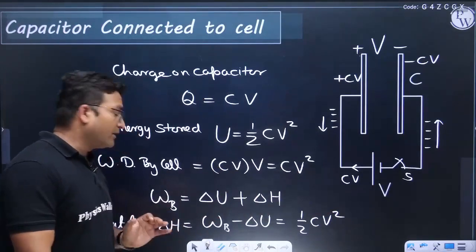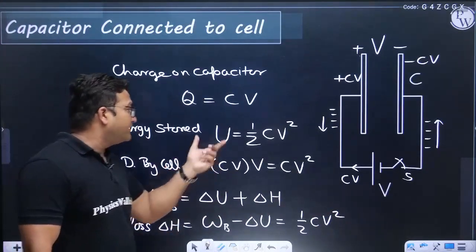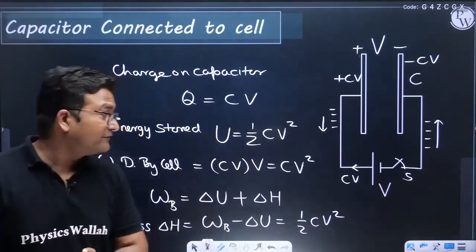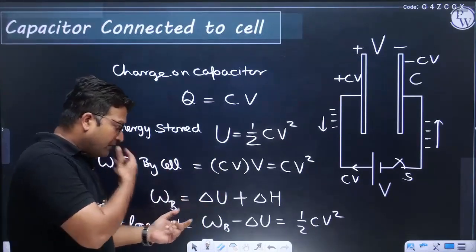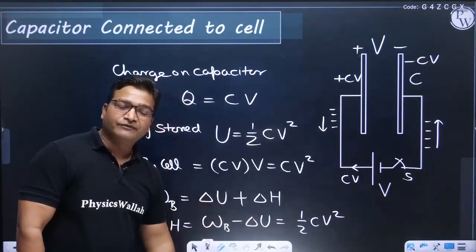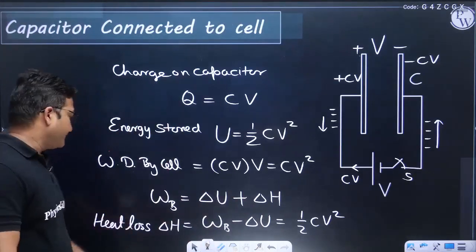Whenever you are asked to find heat loss, calculate the work done by the battery minus the change in energy of the capacitor, which will give you the heat loss. Always do it conceptually.